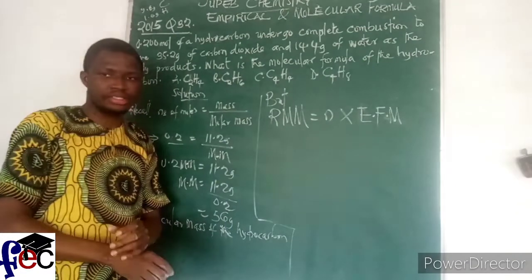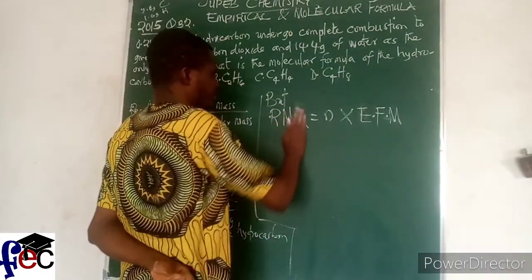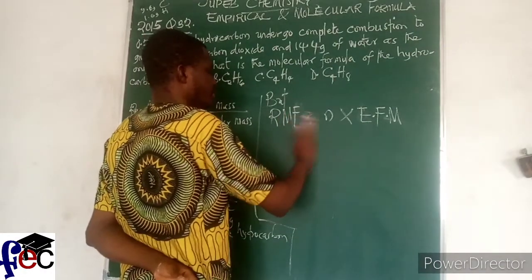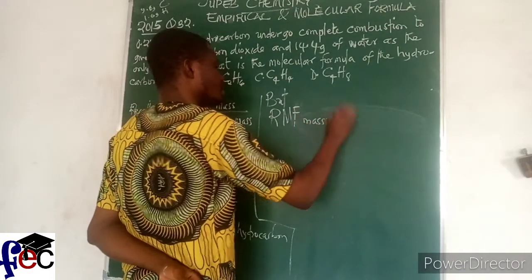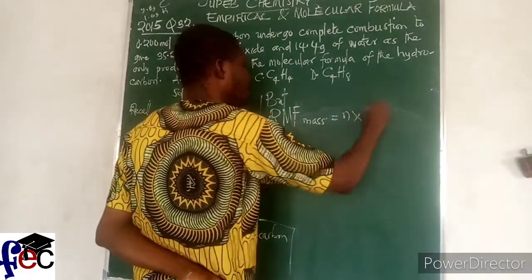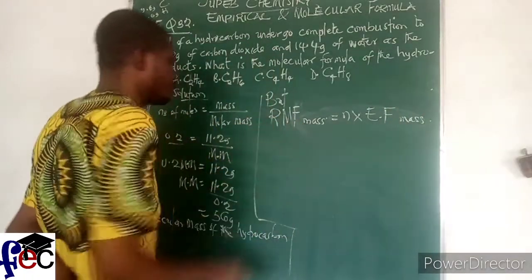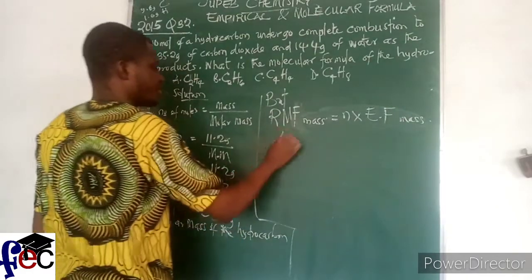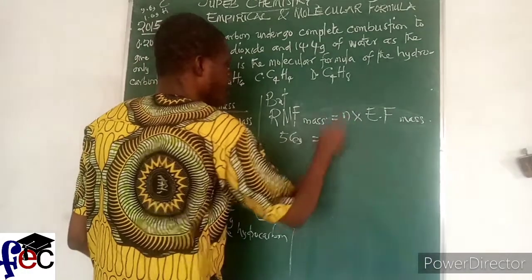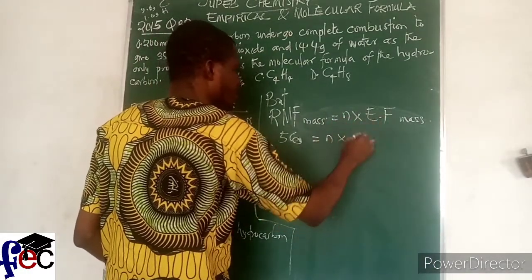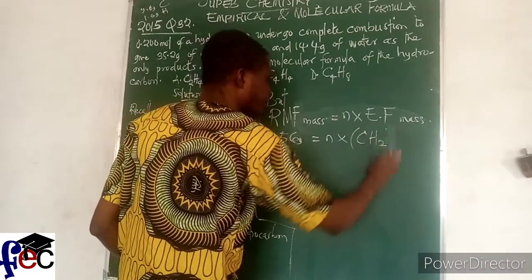It's like saying relative molecular formula mass is equal to N multiplied by the empirical formula mass. And what is that? Relative molecular mass is 56 gram, equal to N multiplied by the empirical formula, that's CH2 gram mass.